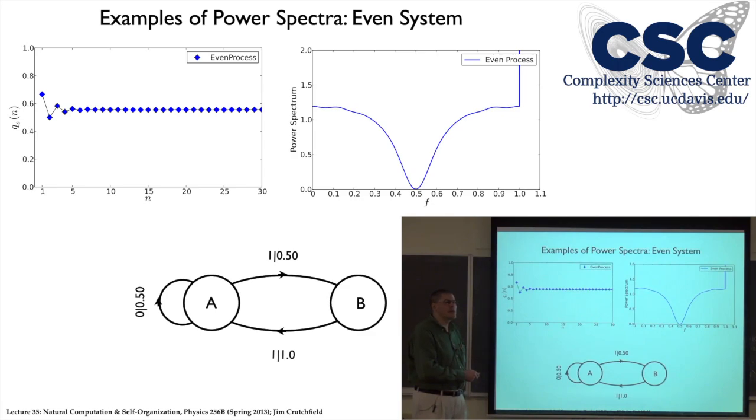Consider that a period 2 process would be of the form 0, 1, 0, 1, 0, 1. There's absolutely a restriction. The only transition restriction really enforced by the even process is that you can't have 0, 1, 0, 1. So you should expect it to go identically to 0 at a periodicity of 1/2.